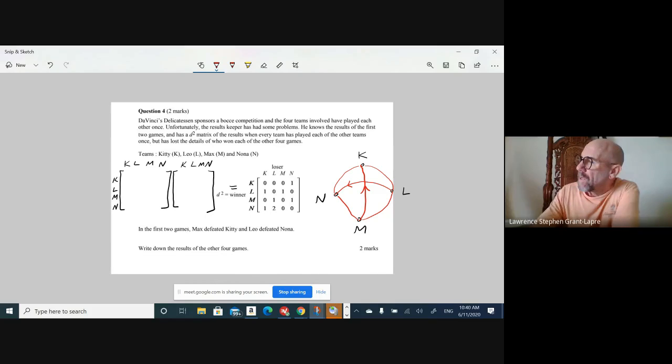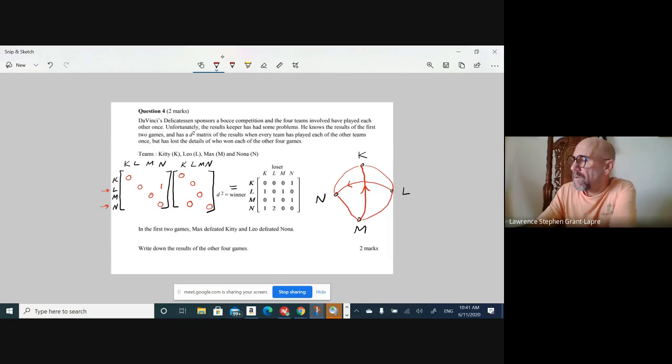Okay. All right, let's have a look at the results. We're going to put zeros in the diagonal because Kitty can't beat Kitty, Leo can't beat Leo, Max can't beat Max, and Nona can't beat Nona. Now we're told that L beats N. So Leo beats Nona. We put a 1, but L beats Nona, therefore Nona would not have beat Leo.